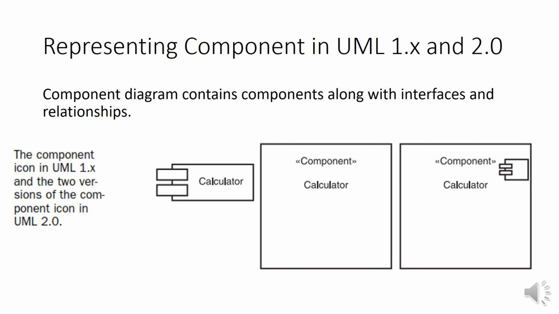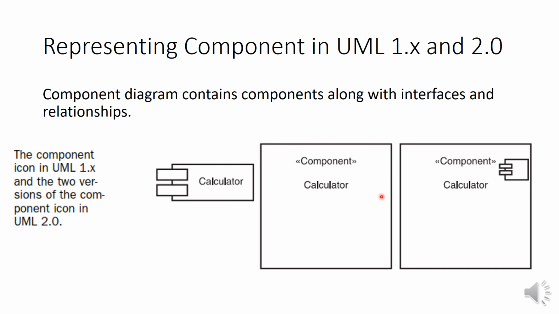So next is representing component in UML1 and 2. Component diagram contains components along with interface and relationships. In UML1, the component diagram main icon is a rectangle that has two rectangles overlaid on its left side.